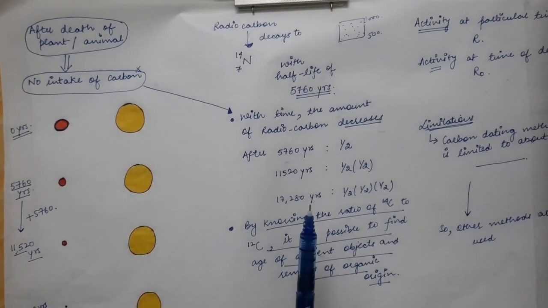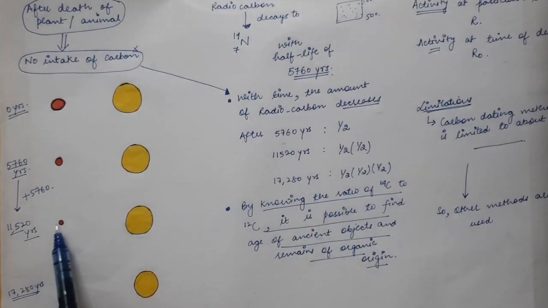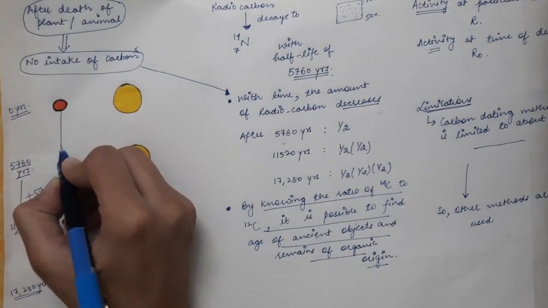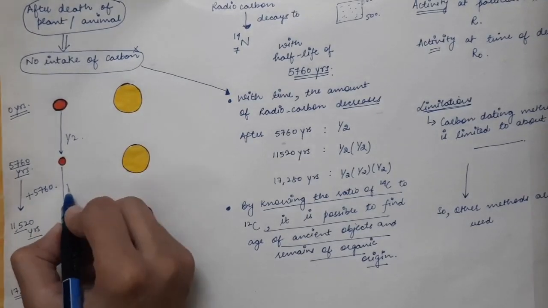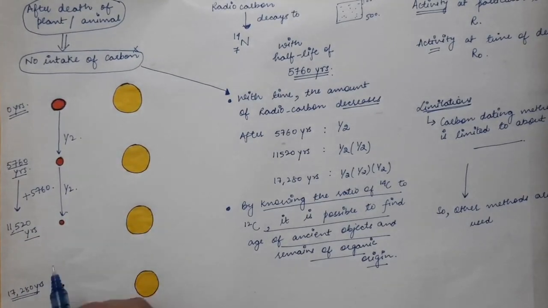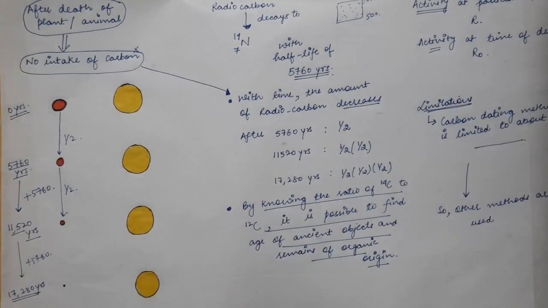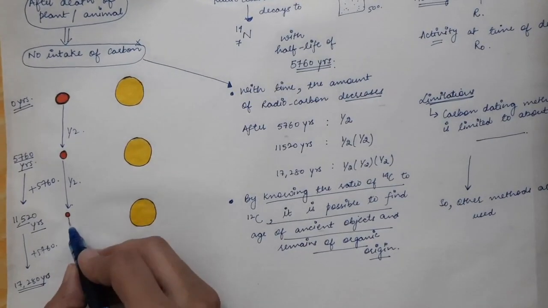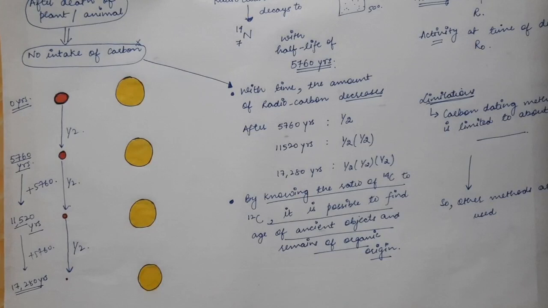After 11,520 years, the radioactive carbon has become this much amount. So here it has reduced to half of its value, again it has reduced to half of its value, and again after 5760 years, you will see that the radioactive carbon has again reduced to half.